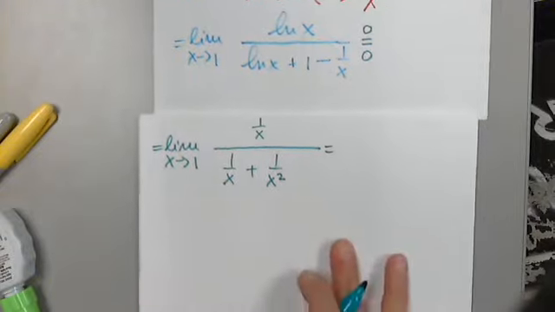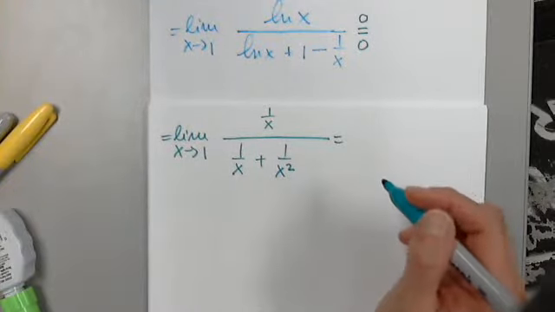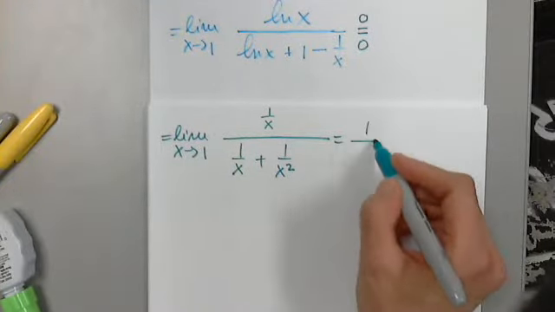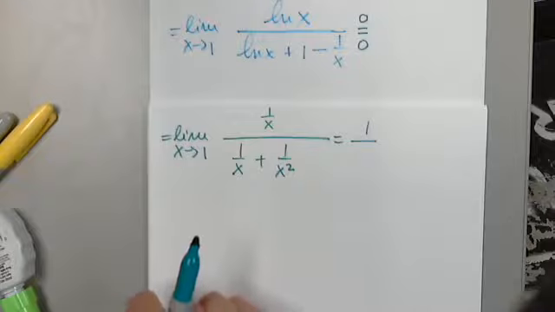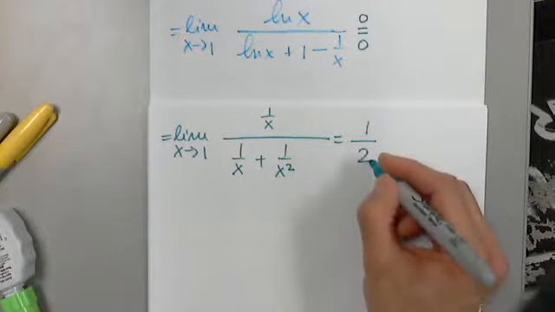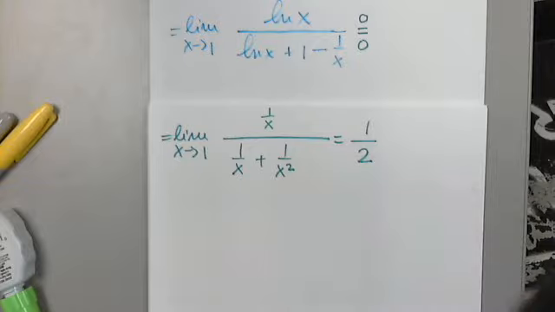I want to find where the top is going, which is 1, and I want to find where the denominator is going, which is 2. And this is it. And we had to apply L'Hopital's rule twice. 1, 2, 3.